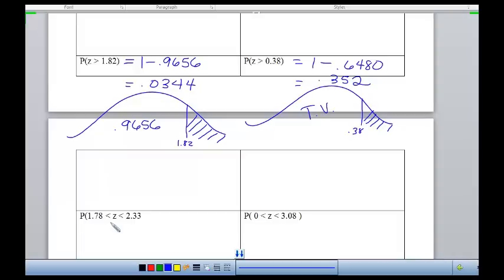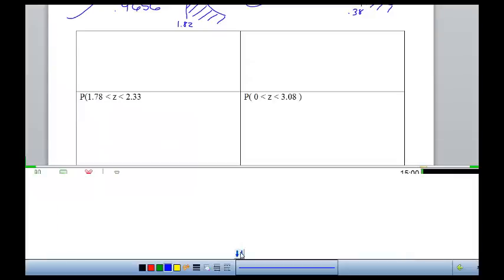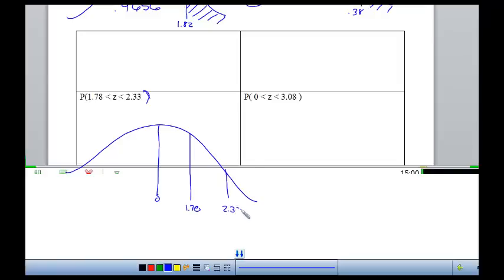But we'll do it by the table first, then I'll show you how to do it on the calculator. So on the table, I've got to draw a really good picture. Here's 0. 1.78 might be right here. 2.33 might be right here. Basically I want the area between these two.